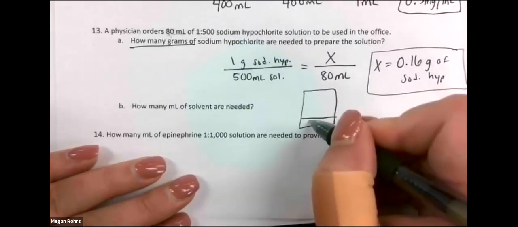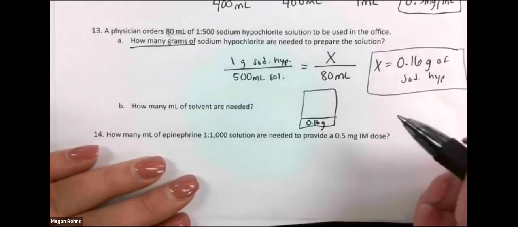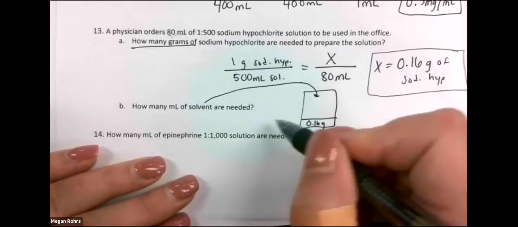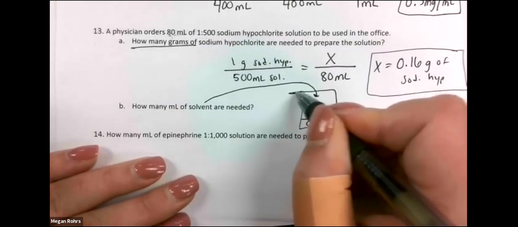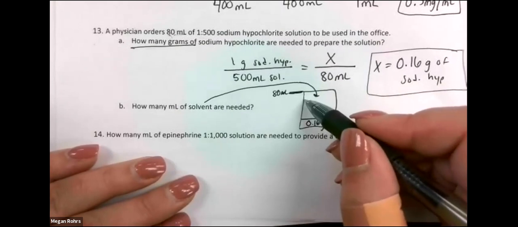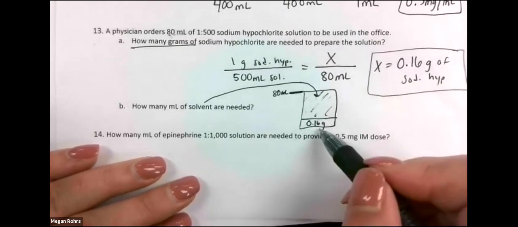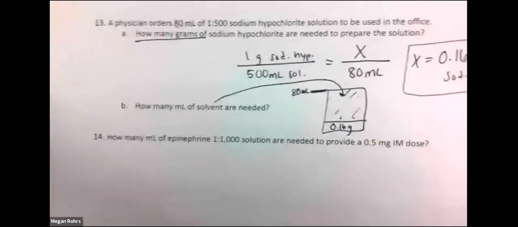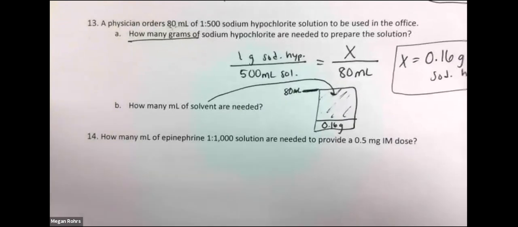So they're going to have your 0.16 grams, and I need to add enough solvent in here to get up to my total of 80 mils. But I cannot just subtract grams from mils, because grams is a unit of weight, milliliters is a unit of volume, okay?